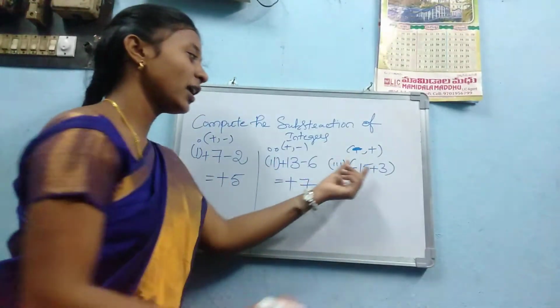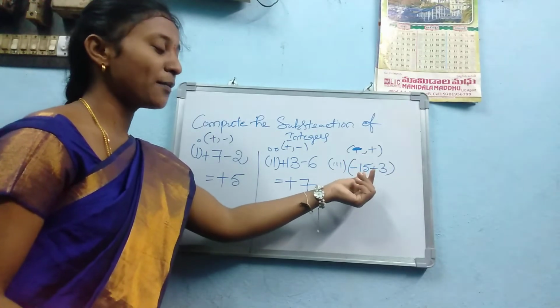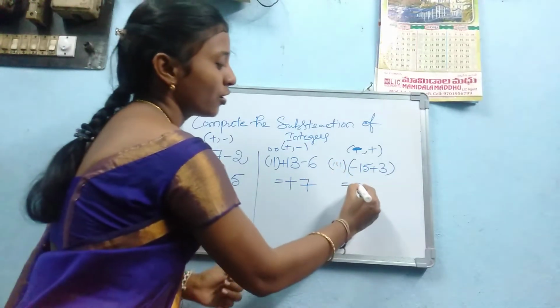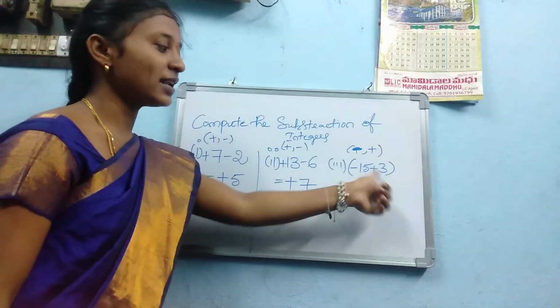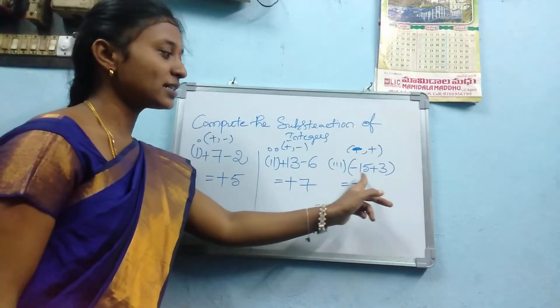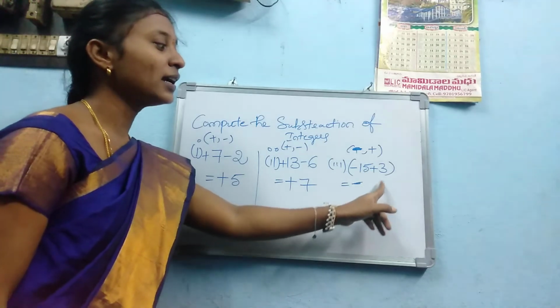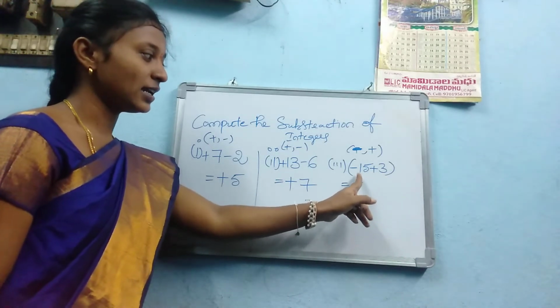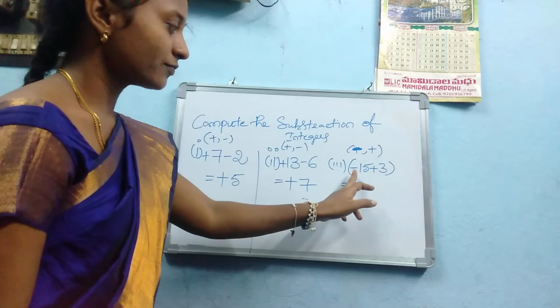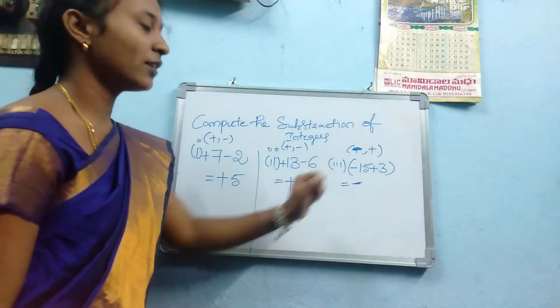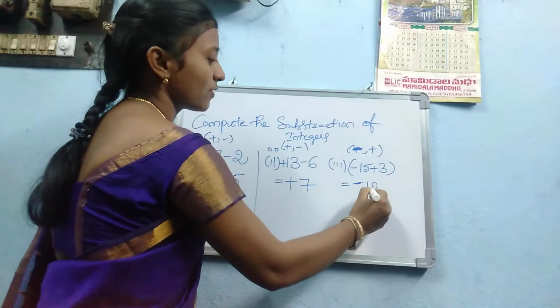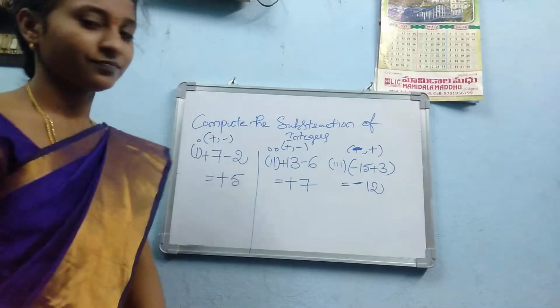Then 15 minus, the biggest number has the negative, so we write negative, that is minus. 15 minus 3. So we subtract these two integers, 15 minus 3, and we get the answer 12.